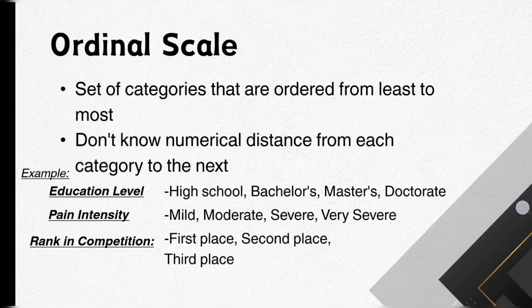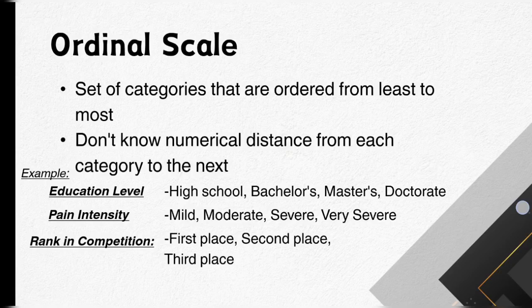The ordinal scale organizes data into categories that have a meaningful order or ranking, but the gaps between the categories aren't consistent or measurable. Think of it as rankings or levels where the order matters but the differences between them are not equal.